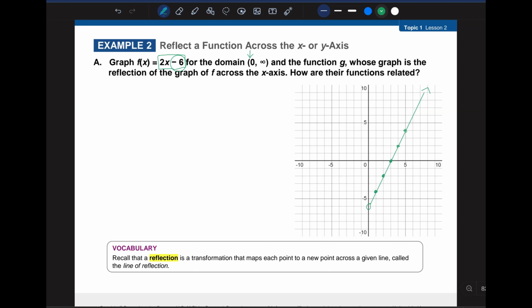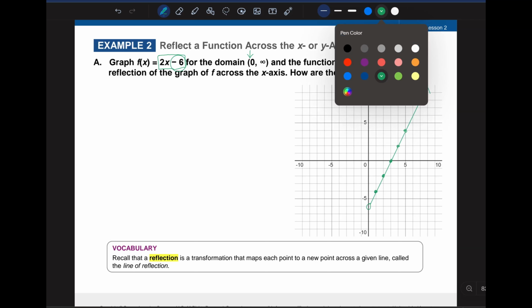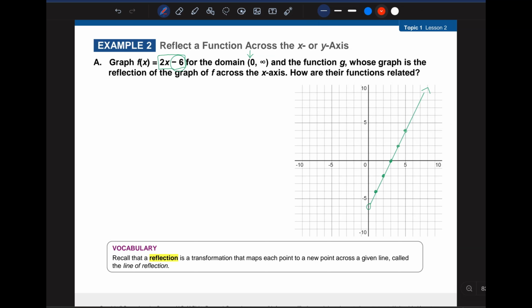Well, let's think about this. If I reflect something across the x-axis, that means that if I have a point down here that is 4 below, then if I reflect it across this axis, I would have a point up here that is 4 above. Or here I have a point that is 2 below, so I would have a point 2 above.